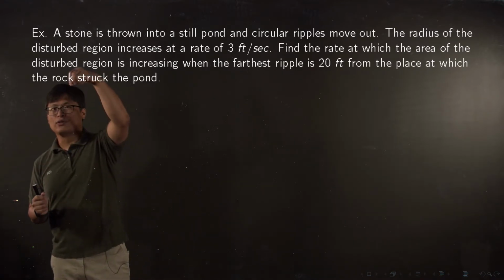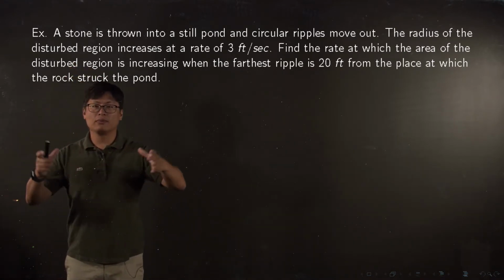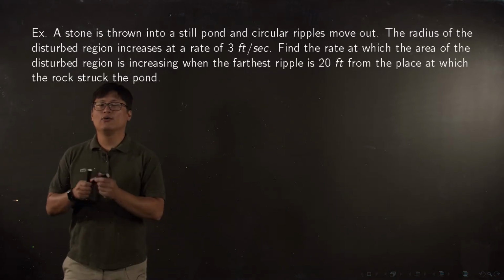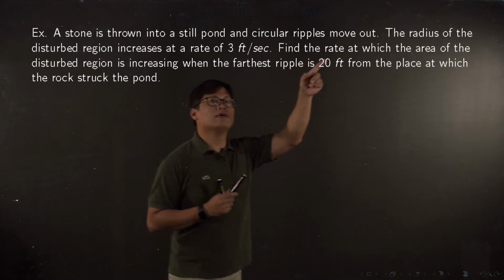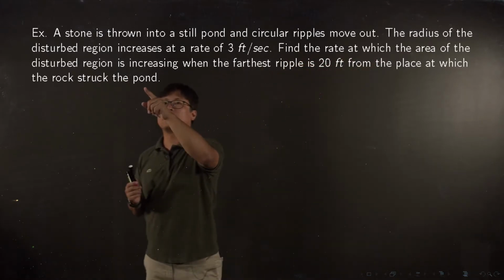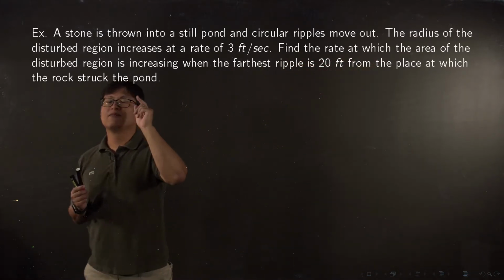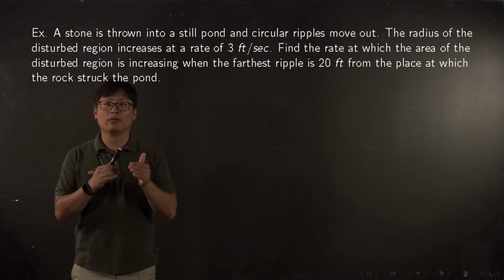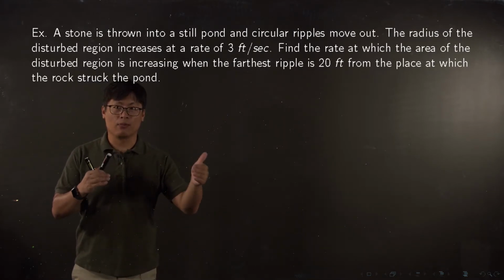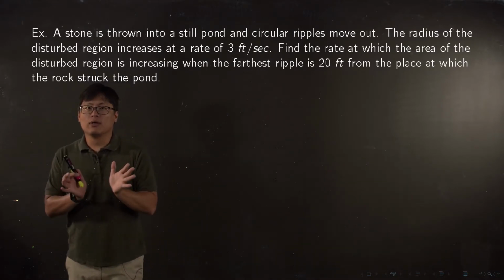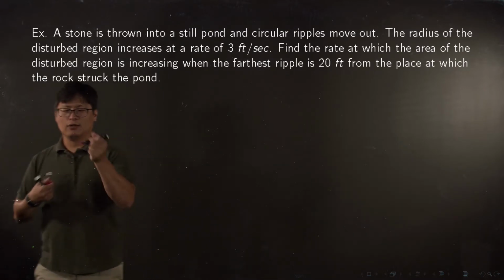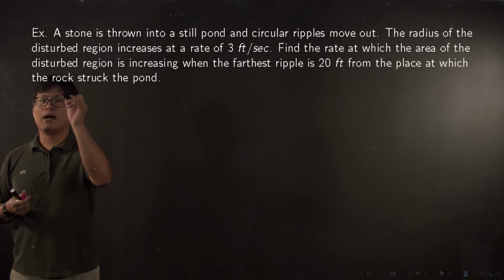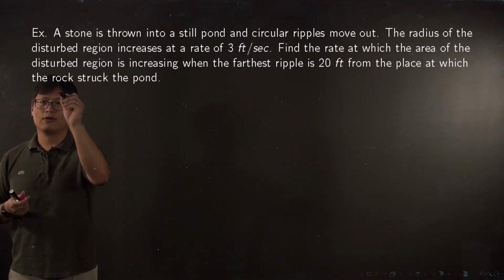The stone is thrown into the still pond, then the circular ripple moves out, right? Look at the first piece of information: the radius of the disturbed region increases at the rate of 3 feet per second. They are talking about the radius of the ripple. We assume the circular ripple is a perfect circle, okay? Whenever you have this kind of problem, I strongly recommend you draw the figure.